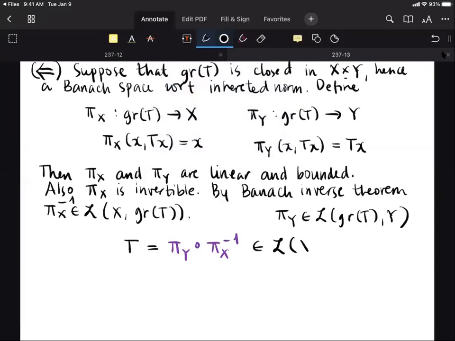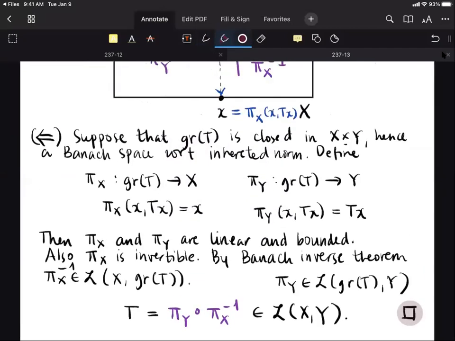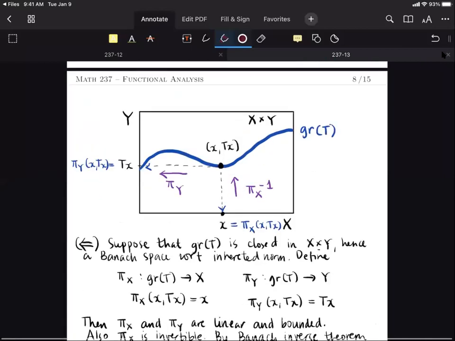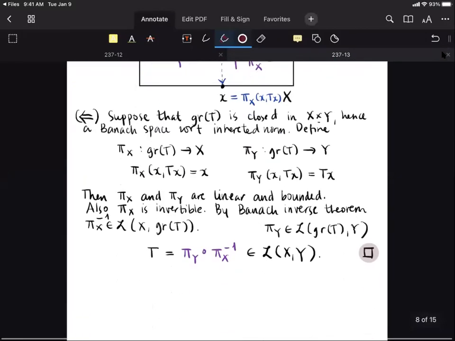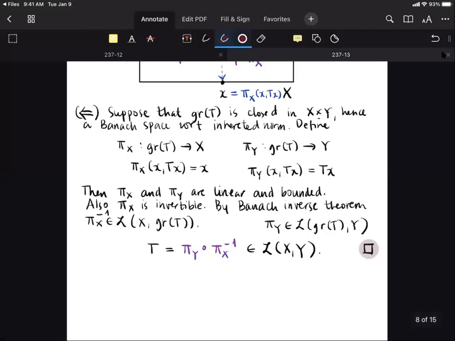Hence, this is an element of the bounded linear operators from X to Y. So you start here, go here intermediately, and then go to Y. And I think that's the reverse direction. So the graph of T being closed in the product space will imply that T is a bounded operator, provided that, of course, it is linear.